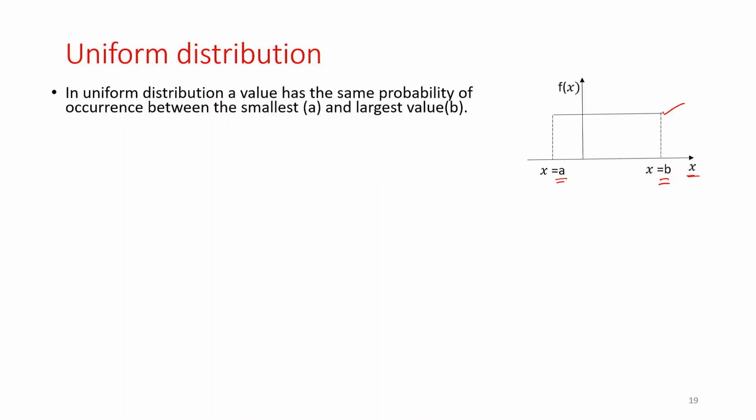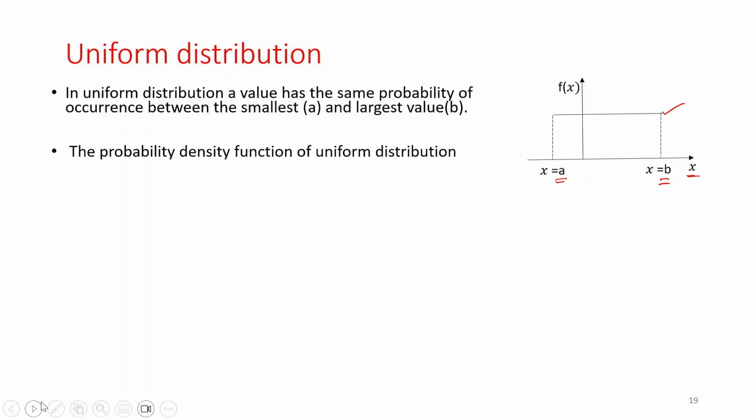So this line is a straight line parallel to the x-axis, and that means its height is the same from point a to point b. What does it mean? It means that the probabilities are exactly the same whatever the x is, starting from a to b. All the probabilities are exactly the same, and hence this is known as uniform distribution.